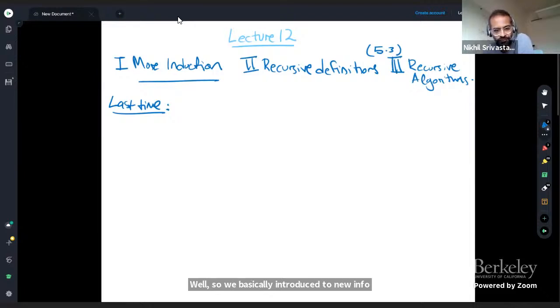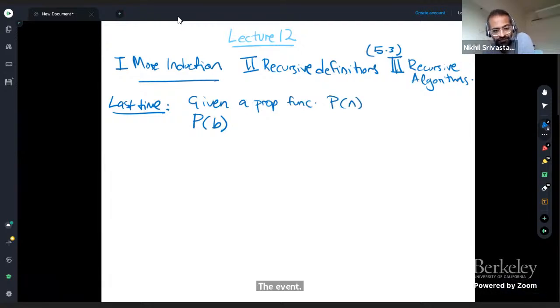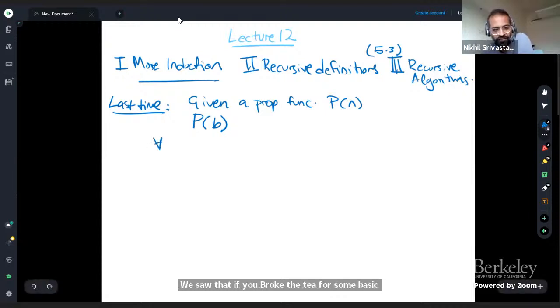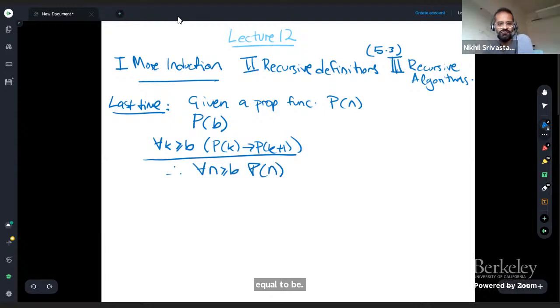We had ordinary induction: given a propositional function P of n, where n is a positive integer, if you prove P of B for some base case B, and then prove that for every integer k greater than or equal to B, P of k implies P of k plus 1, then the conclusion is that for every integer n greater than or equal to B, P of n holds. This is ordinary induction.